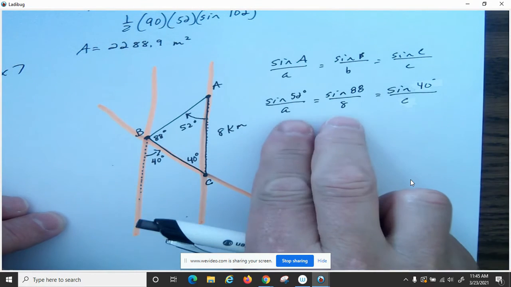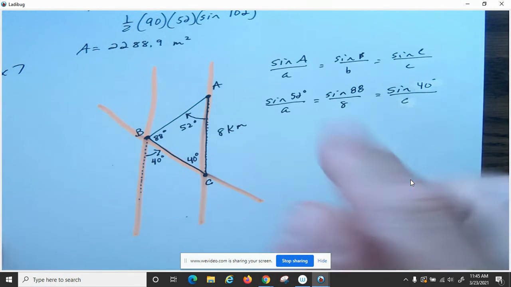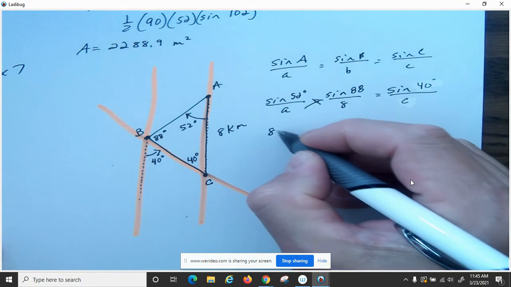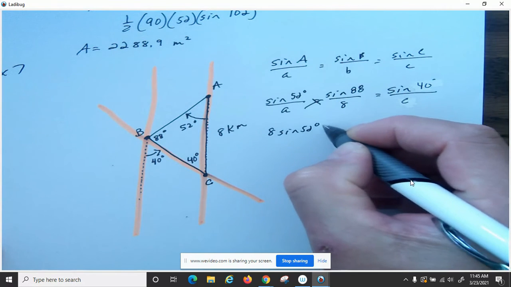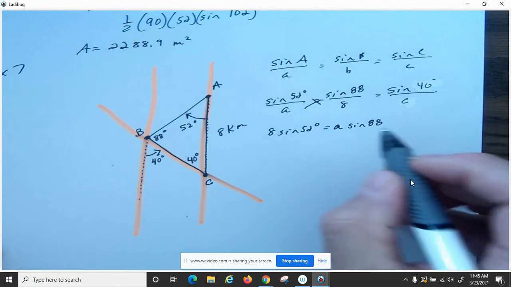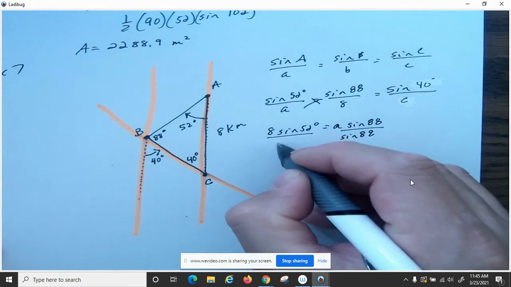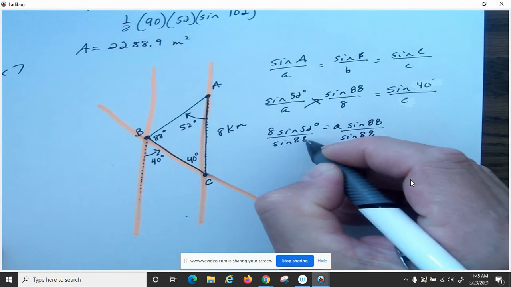All right, so let's just work right here with this proportion. So cross multiplying, 8 times the sine of 52 degrees is equal to A times the sine of 88 degrees. I'm solving for A, so let's go ahead and divide both sides by the sine of 88 degrees.